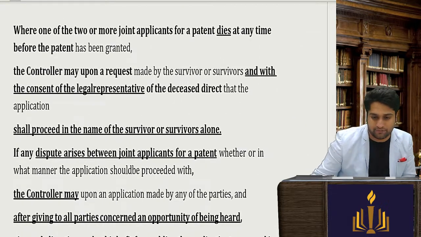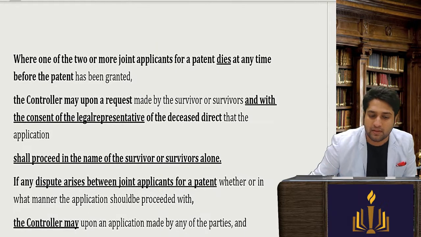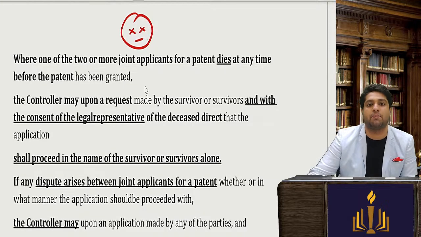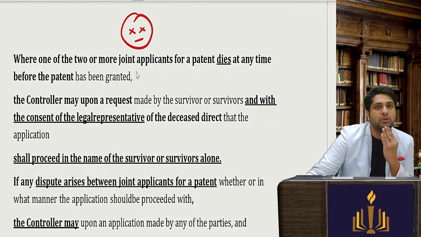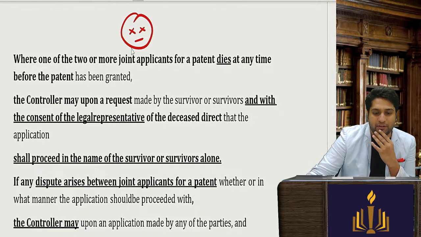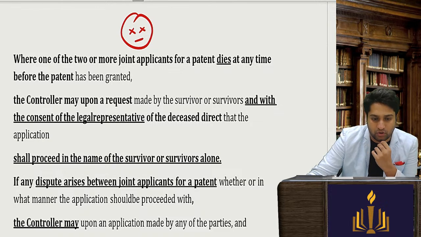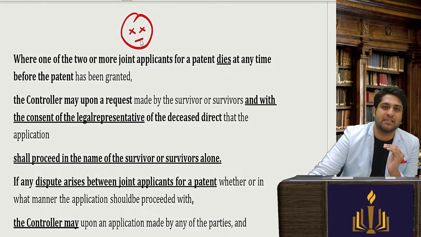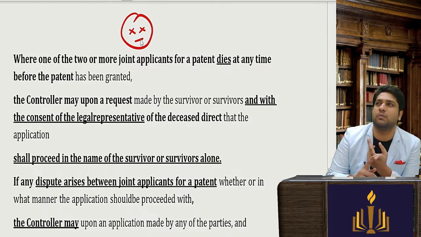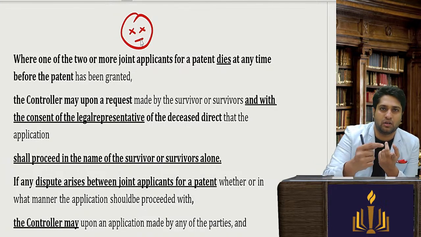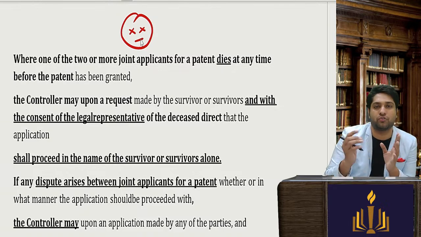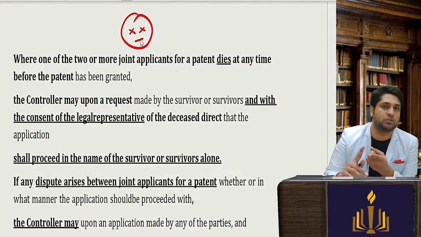Now we are talking of death. We saw all these cases, but we never saw what will happen in case of death. Okay, so let's say a person dies, then obviously his legal representatives will either come by a probate, that is a will recognized by court. An order of court stating that the will is valid is called a probate.